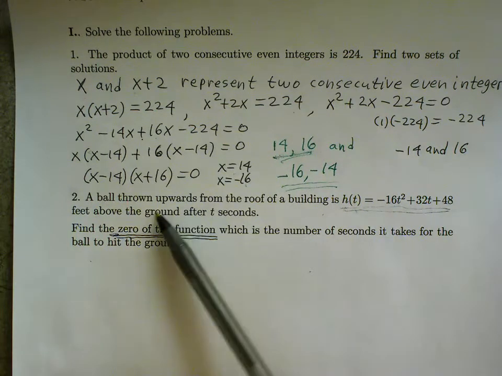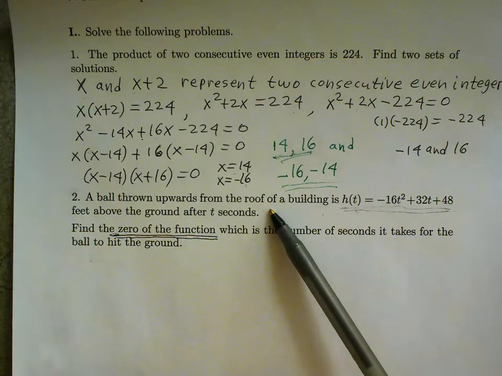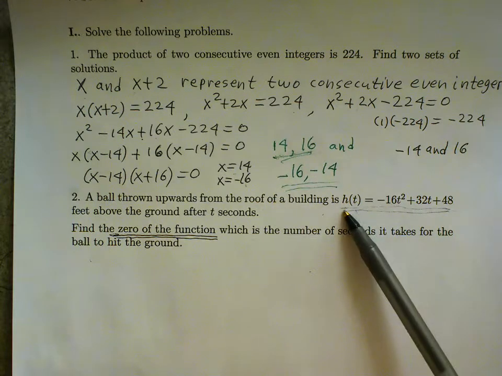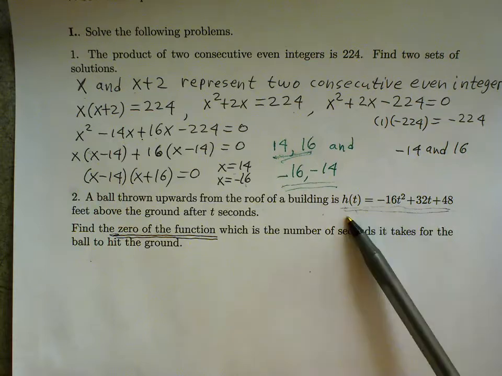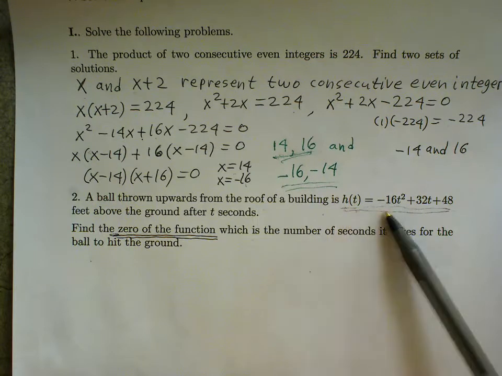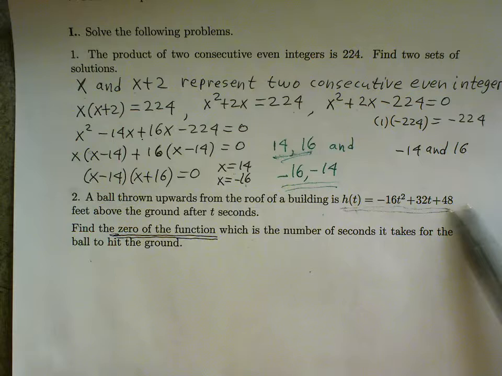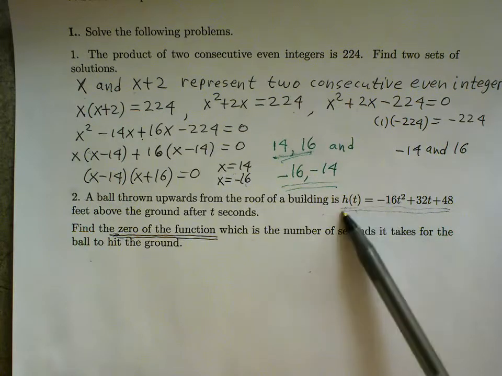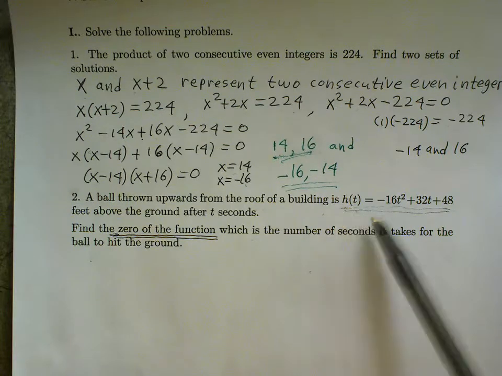So a ball is thrown upwards from the roof of a building, and the height of the ball above the ground, t seconds after it's thrown upward, is given by this formula. The height after t seconds is negative 16 t squared plus 32 t plus 48 measured in feet. At some point, if there are no other obstacles in the way, the ball is going to hit the ground.